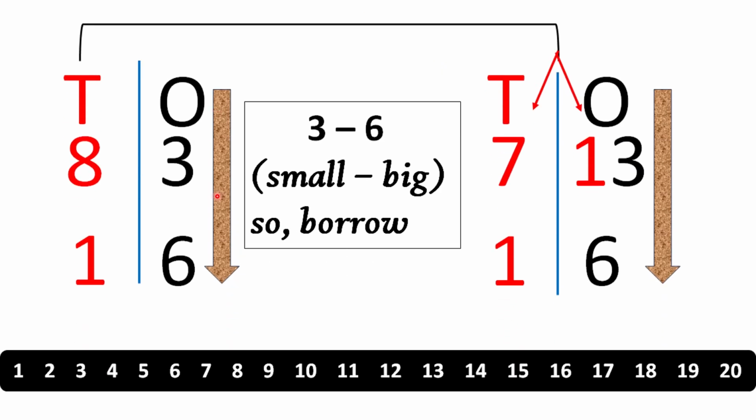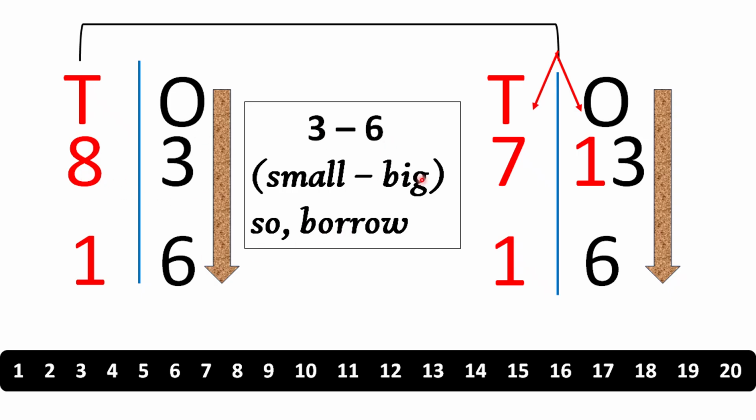Now again the arrow, and now onwards the child will explain why the arrow. The child should be able to say arrow indicates top minus bottom. Don't tell the child, ask the child. 3 minus 6, right? Again, small number minus big number. 3 minus 6, top minus bottom, so borrow. So how do you borrow?